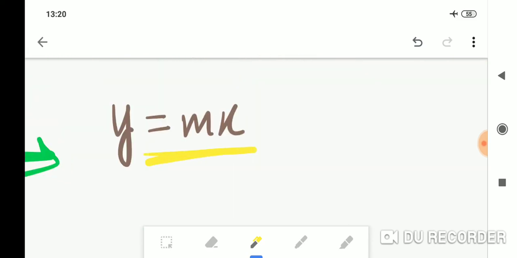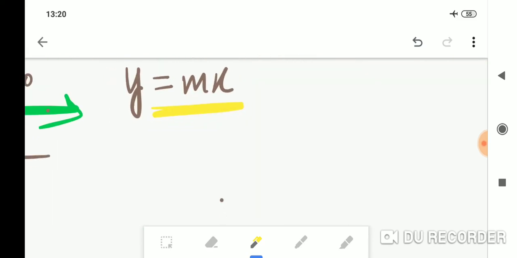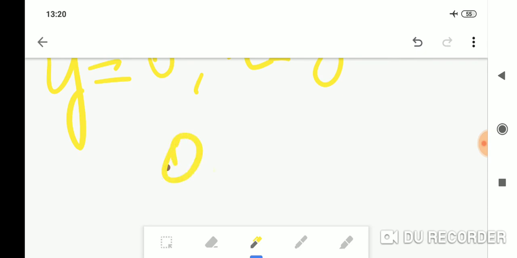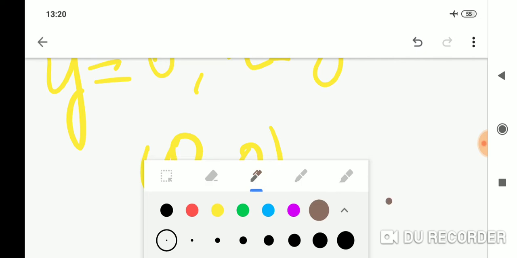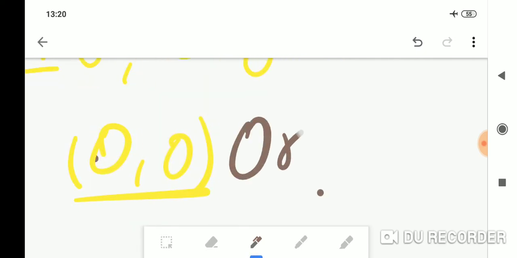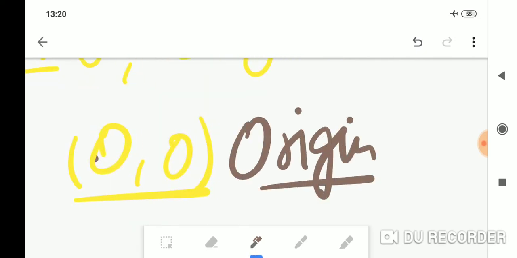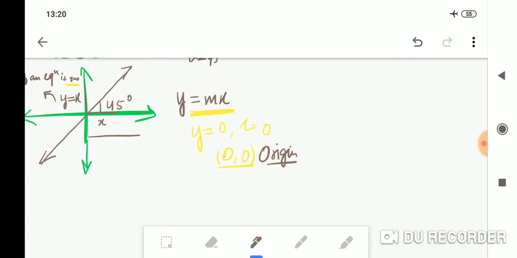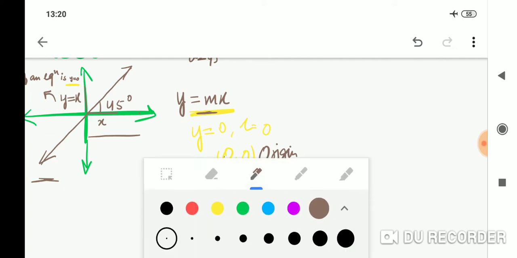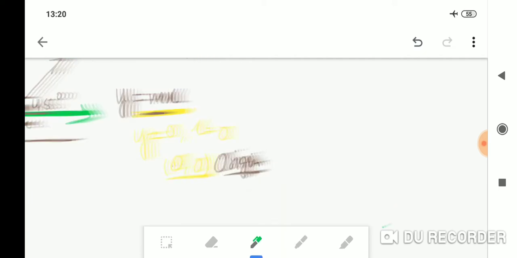Now for y equal to mx, we can see, yes, for y equal to 0, x is equal to 0. So the solution is the origin, and the graph will pass through the origin. But what is the difference from this curve? The difference is that this angle will be different. The angle will depend on the value of m. So we'd like to draw the graph.